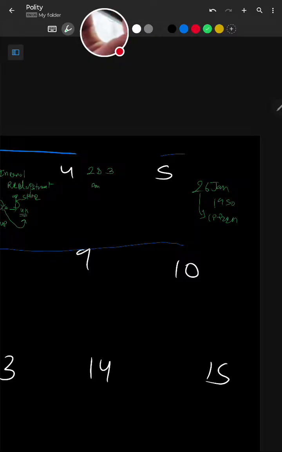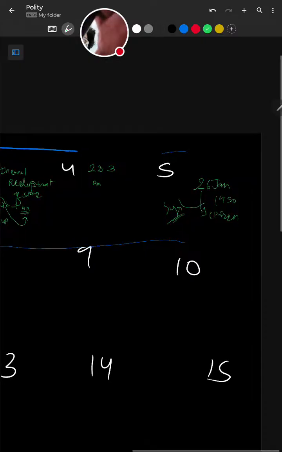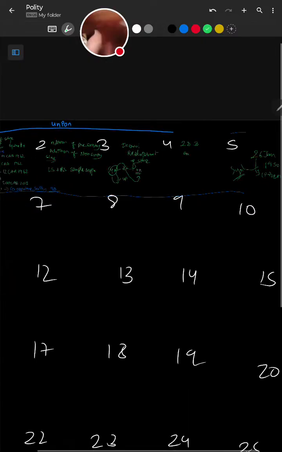And if you were not born in India, and you just came here, if you came 5 years prior to this date, 26th of January 1950, then also you would be considered a citizen of India. This is what basically Article 5 says.